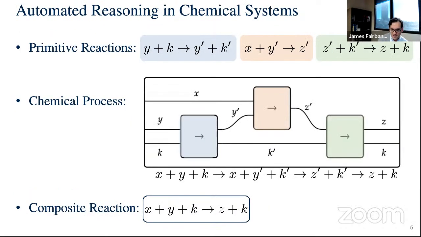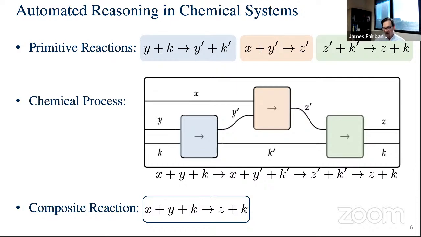But the very same abstractions can get reused in reasoning about chemical systems, where if I have primitive chemical reactions, here again shown with boxes, then I can assemble that into a compound reaction by chaining how the molecules flow between the different reactions.